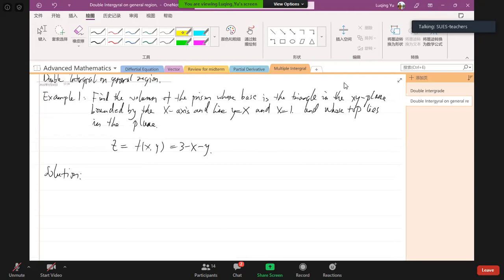Let's see how this problem defines the integral range.